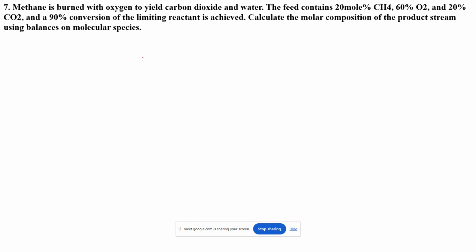Then we have one numerical here. We are burning methane as a fuel source, which yields carbon dioxide. The feed contains 20 mole percent CH4, 60% O2, and 20% CO2, and 90% conversion of the limiting reactant is achieved. Calculate the molar composition of the product stream using balances on molecular species.